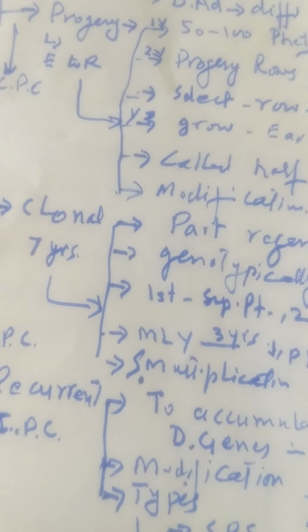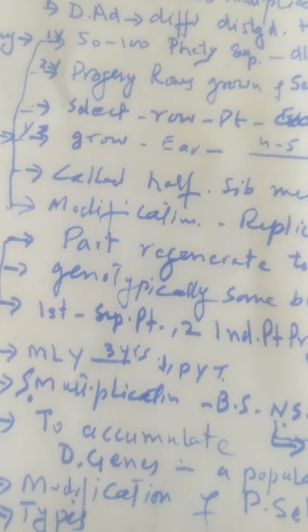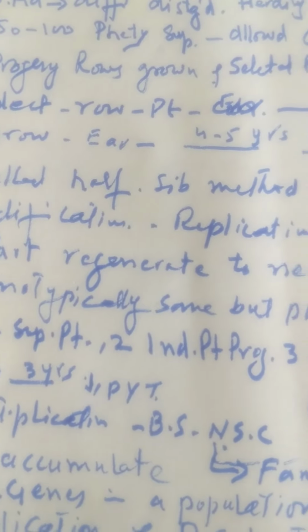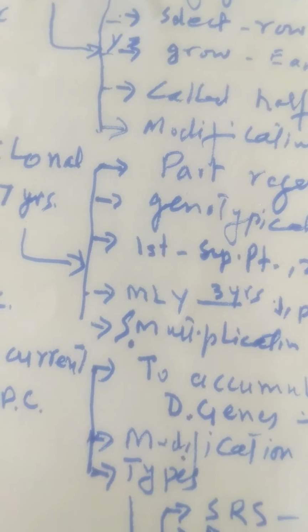And next is clonal selection. We have already discussed it, but once again, as we have said, a part is regenerated into a new plant. It takes about 7 years.